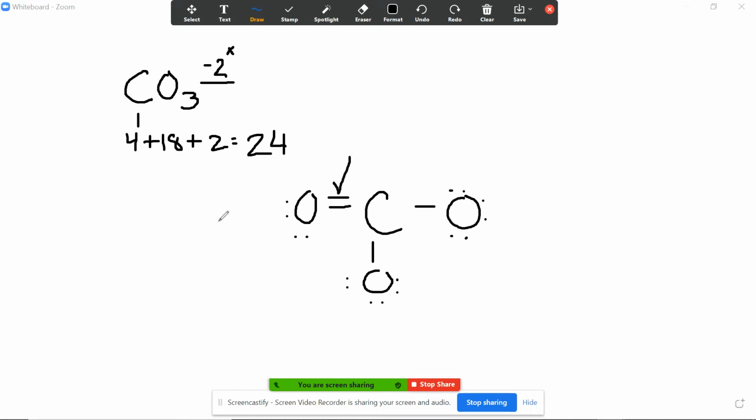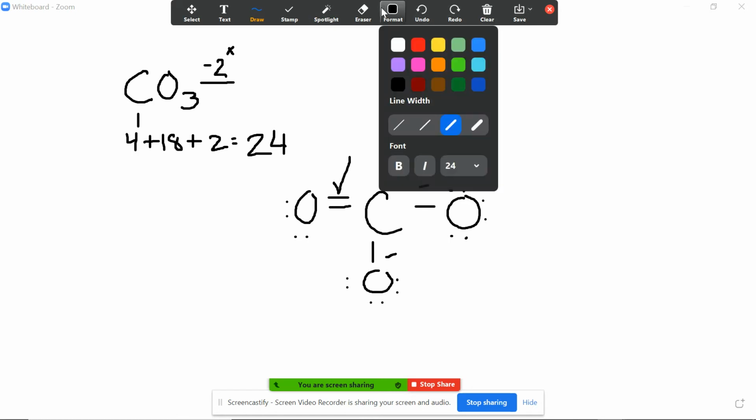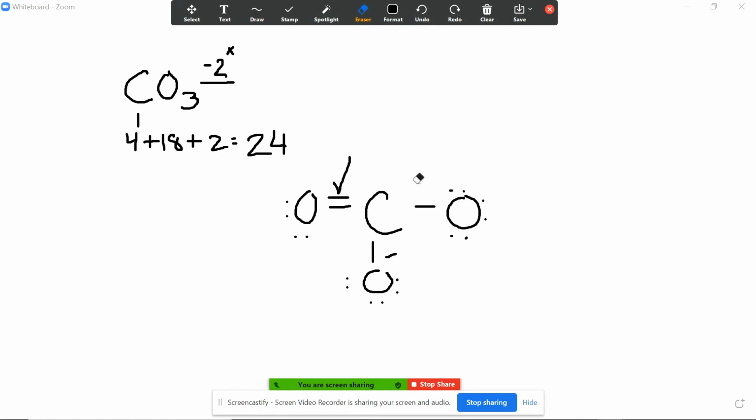So this oxygen is satisfied because it wants to make 2 bonds. Our carbon is satisfied because it wants to make 4 bonds, but we have 2 oxygens here that don't have that double bond. They don't have the number of bonds that they want, so -2. This one is going to be -1. This one's going to be -1. So that is why we have a charge there.